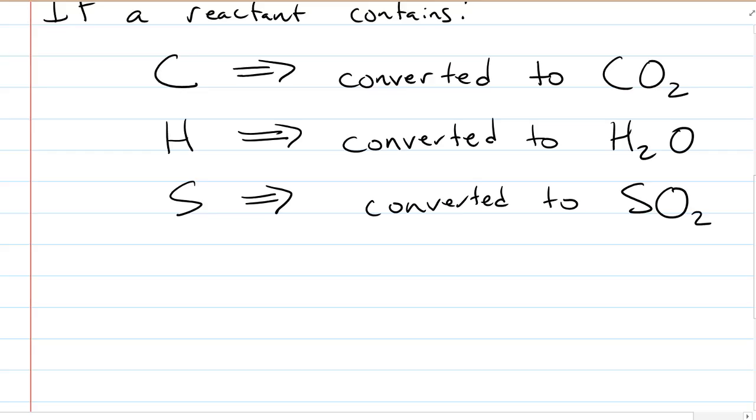So now, we want to write out a reaction for this. Methane has a formula of CH4. And if we burn something, what is it reacting with? O2, good. Whenever you burn something, remember we're reacting with oxygen.